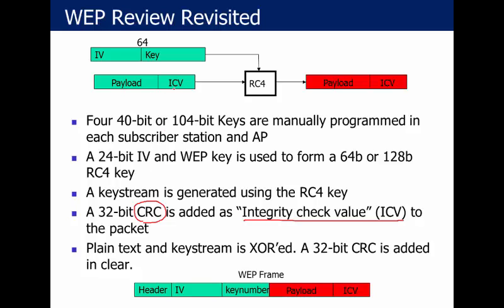So we have 32 bits CRC and then 32 bits of payload, altogether 64 bits. So 64 bits from key and 64 bits for the payload, applied to RC4 the way that we did.